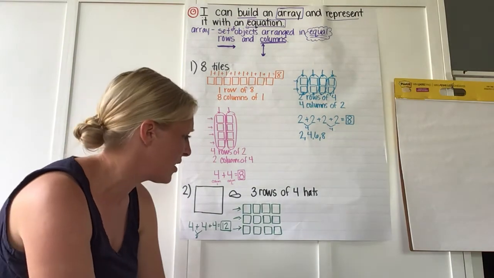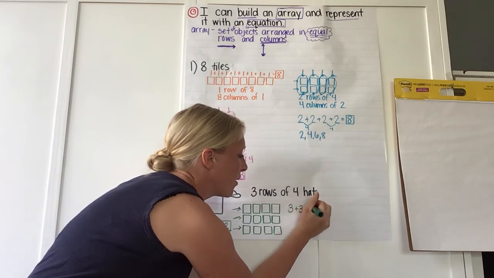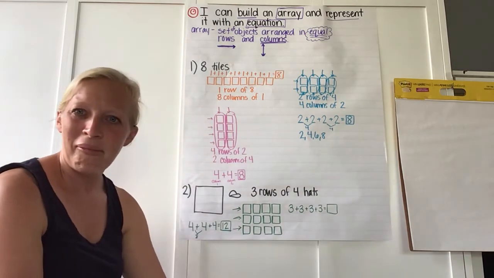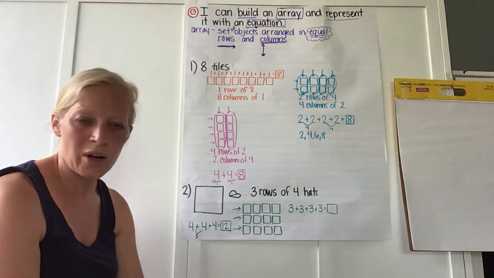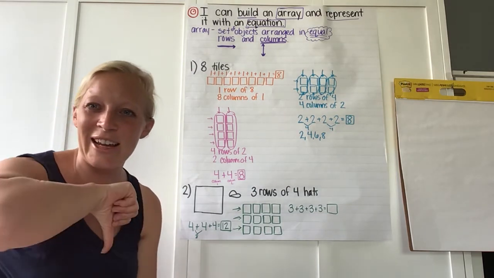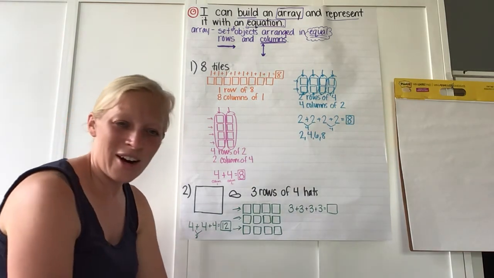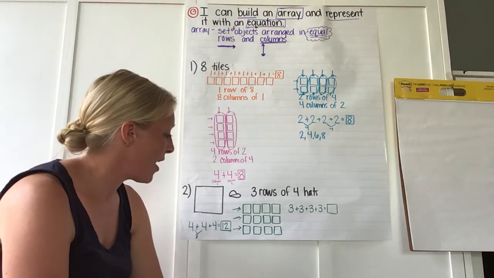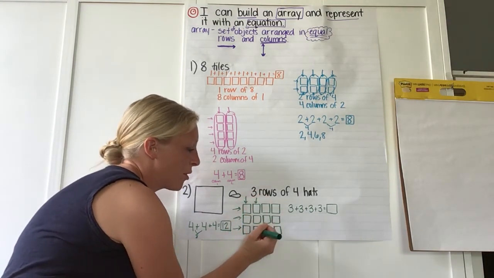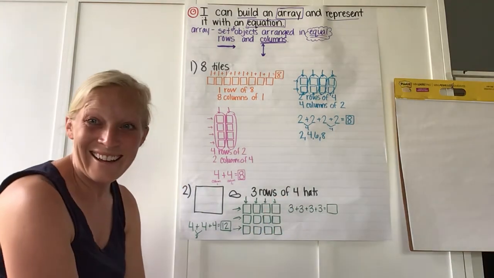What did your equation say? Can that equation match this work? Agree? Disagree? What do you all think? Where are those 3s in your work or in that array? 3, 3, 3, 3.